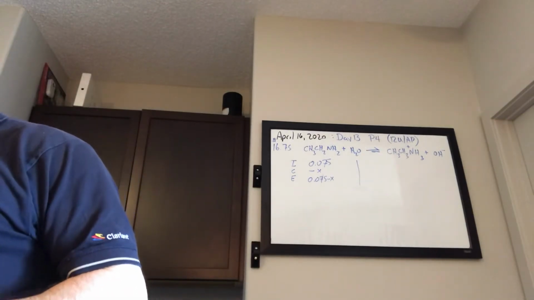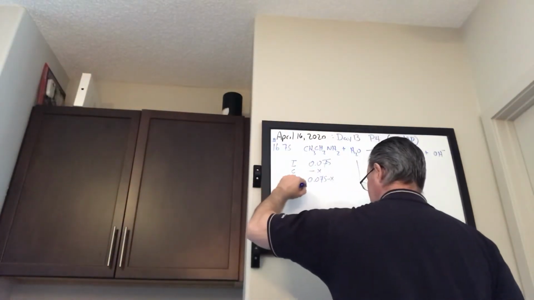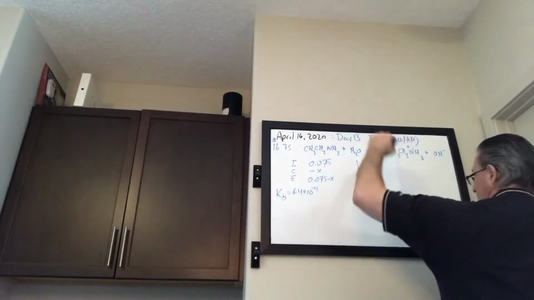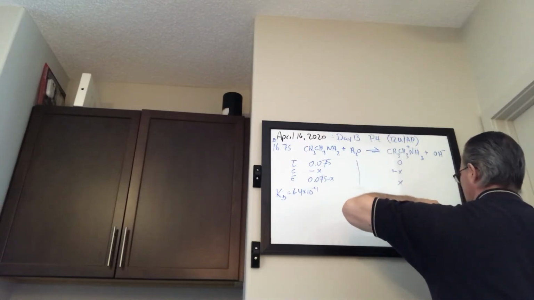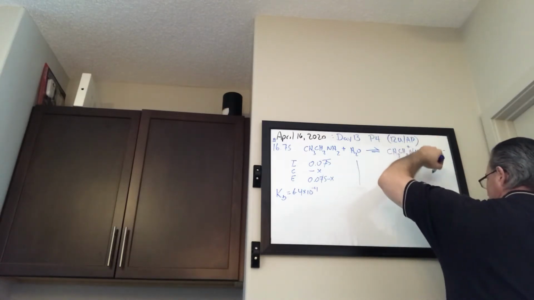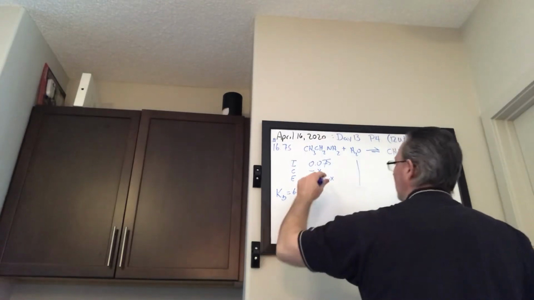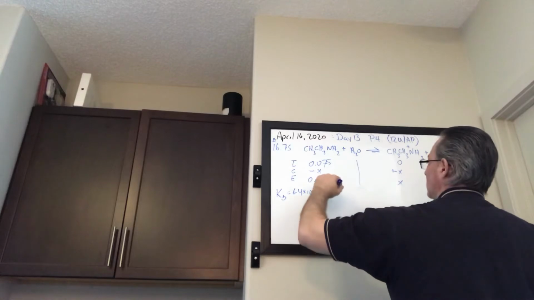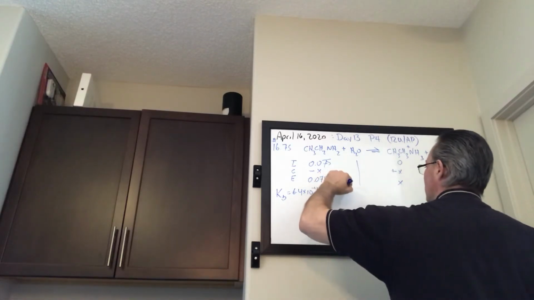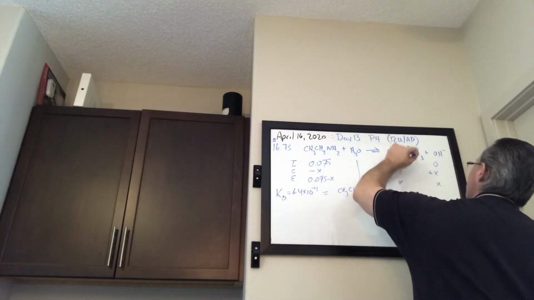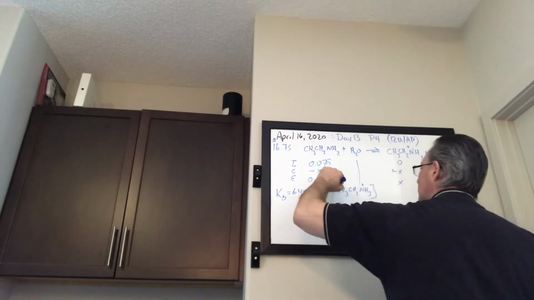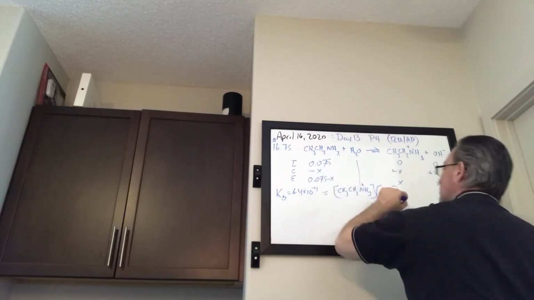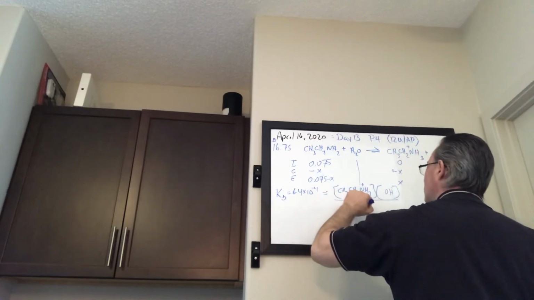Kb is 6.4 times 10 to the minus 4. This will be initially 0, then increases by X, becomes X. Then you start this at 0, increases by X, and turns up at X. All this is going to be equal to the concentration of ethylammonium CH3, CH2, not 3, CH2, NH3 plus times hydroxide ion concentration over concentration of the initial ethylamine.